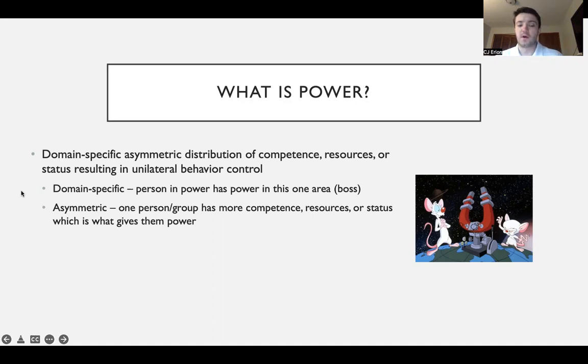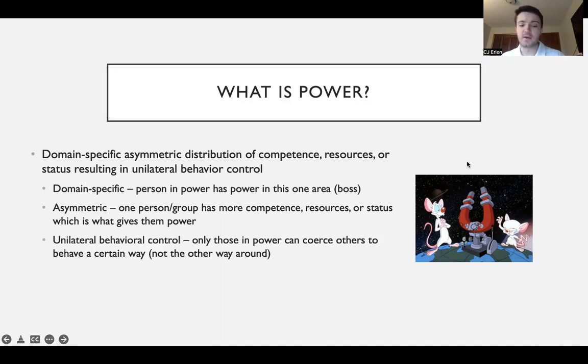Asymmetric. So one person or one group has either more competence, resources, or status, or all of the above, or various combinations of that, which give them power. And finally, unilateral behavioral control. So only those in power can coerce others to behave a certain way. It doesn't work the other way around, right?